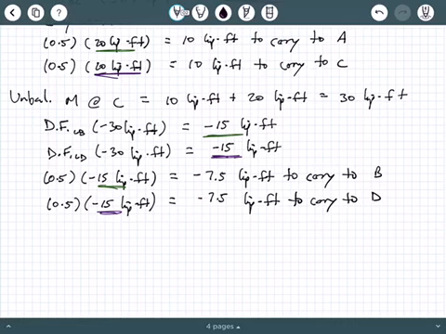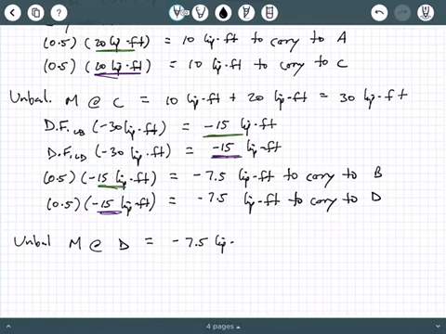So here's what I'm going to do next. I'm going to go to my unbalanced moment at D. Unbalanced moment at D is equal to negative 7.5 kip feet. And then we're going to say distribution factor DC times the positive of that, or the negative of it, which is positive.